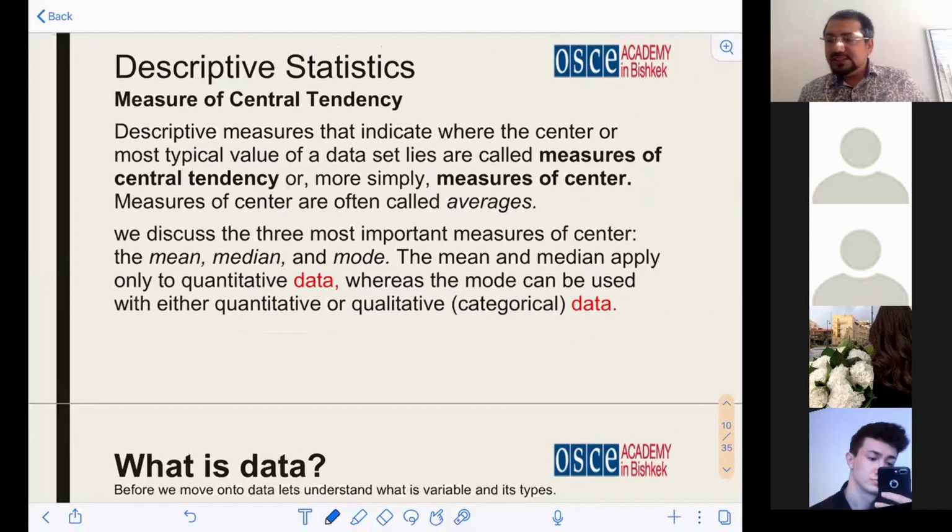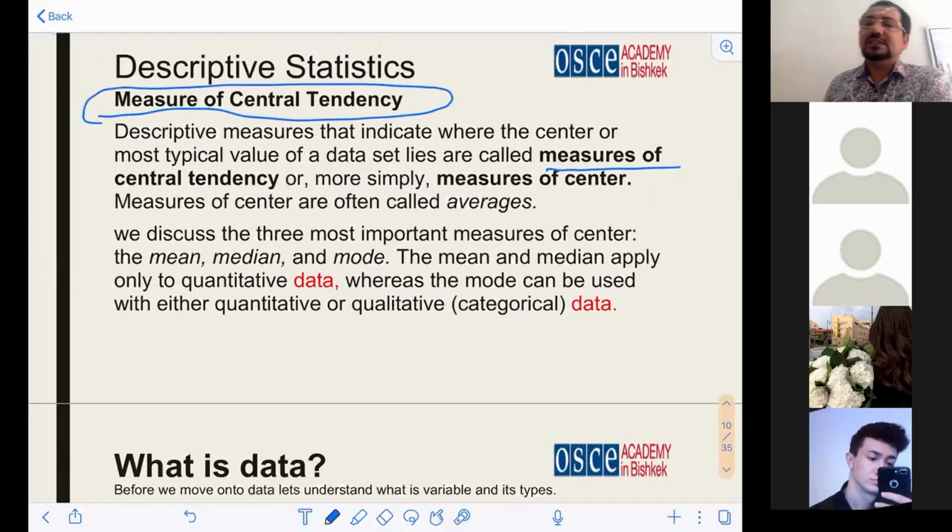Descriptive statistics we discussed yesterday. We'll directly come to the point called the measure of central tendency, a very important part under descriptive statistics.